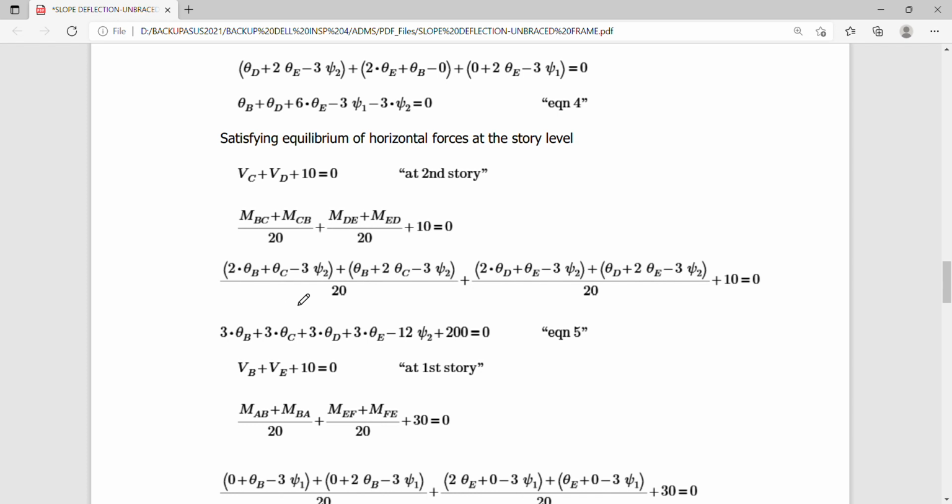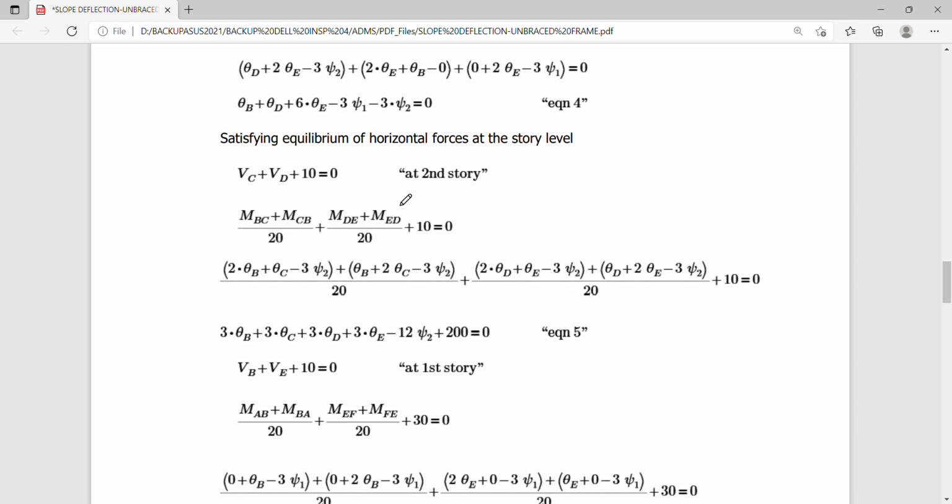But of course, if you don't have any tool, you have to just be patient in dealing with the values of the moments in terms of the rotation and the translation. Okay, so the division of 20 here simply means you divide the moment with the length in order for you to get the shear values. And everything now will be obtained by simplification.